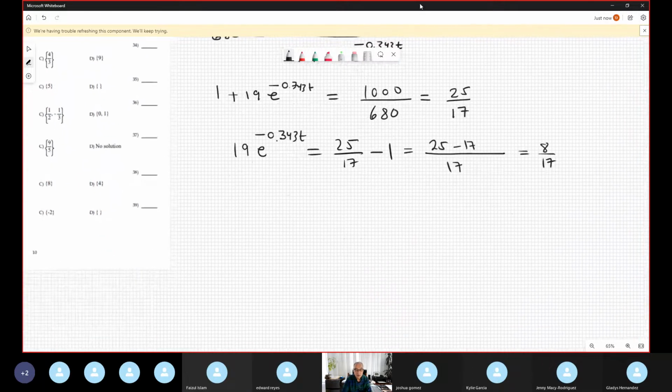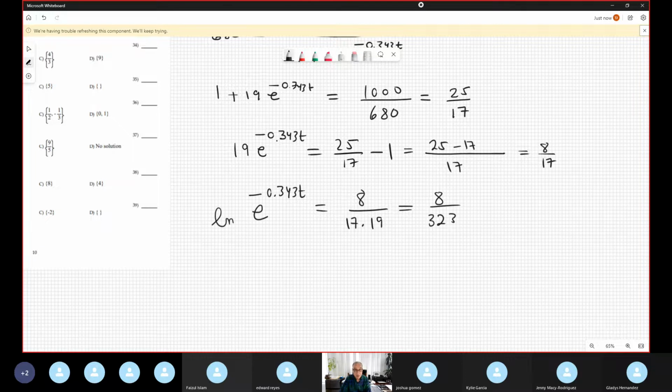Little by little. Now you divide both sides by 19. It says e to the minus 0.343t is equal to 8 over 17 times 19, which is 8 over 323, multiplying 17 and 19.